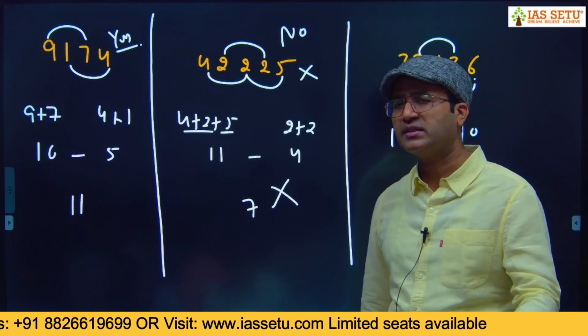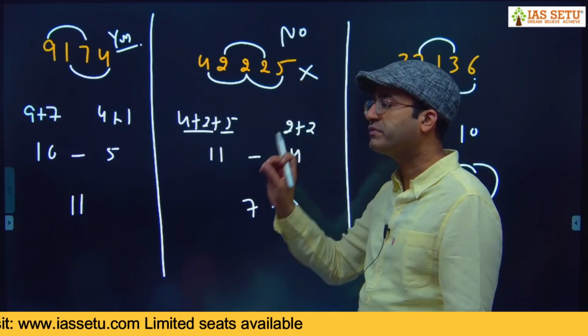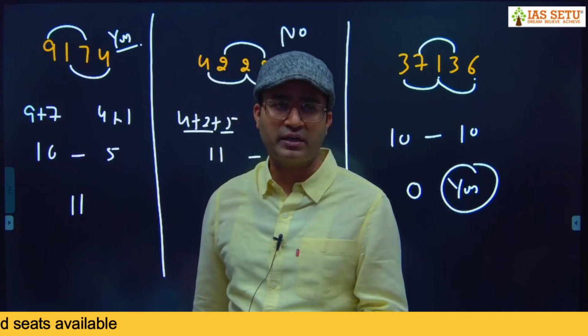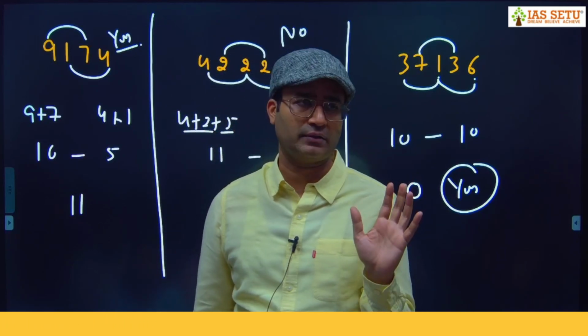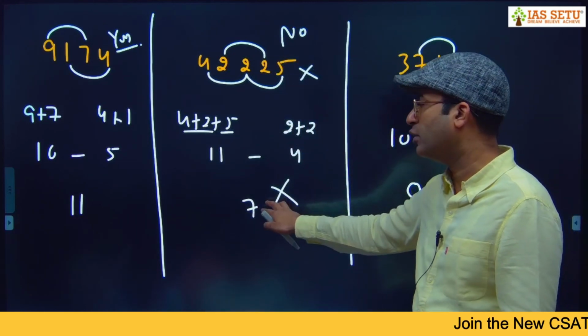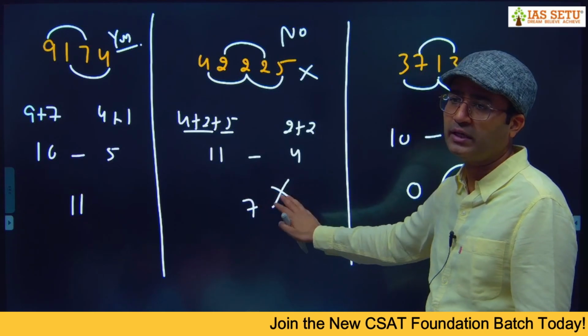There is one higher concept which I will tell you later on. But till then, if we have to check divisibility of 11, you can check with this method. But if we have to check the remainder, we have to use the school method. There is a higher concept which I teach later. So just remember one point here, don't conclude 7 is the remainder. The same method will not tell you the remainder.